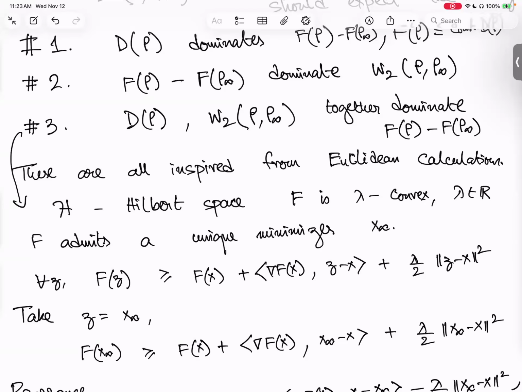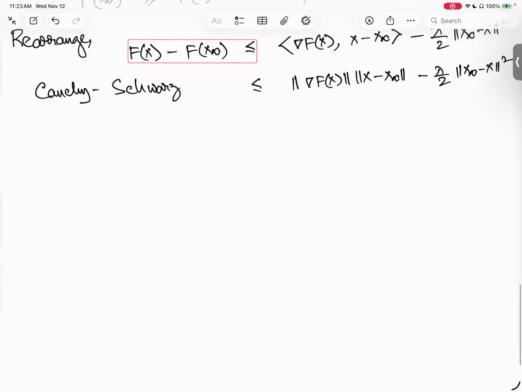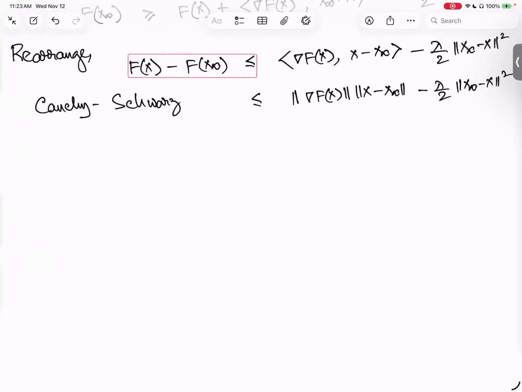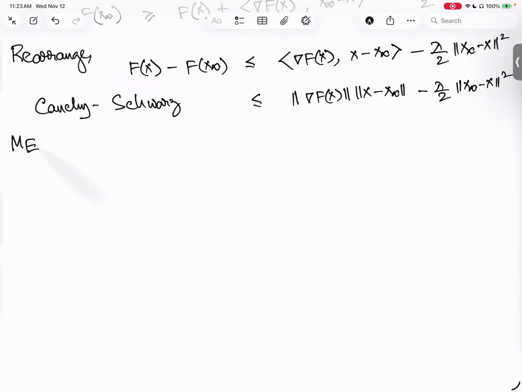Okay, so let's go over some of these inequalities. Here is what Villani would call a meta theorem on the Wasserstein space. By meta theorem I mean this is the theorem that you'd expect for all these semi-convex functions in the Wasserstein 2 space.